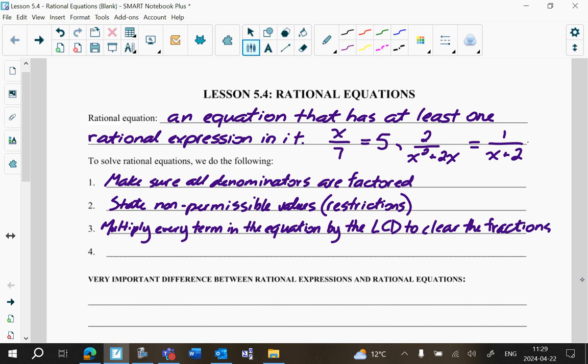Solve and check your solution, or there may be more than one solution, we'll see. Check that they are not non-permissible values. That's something you got to be careful of.